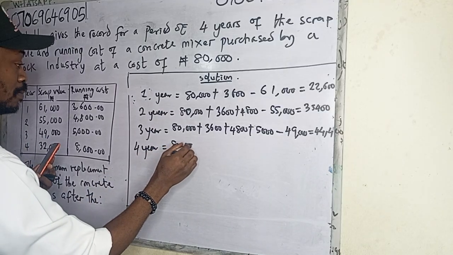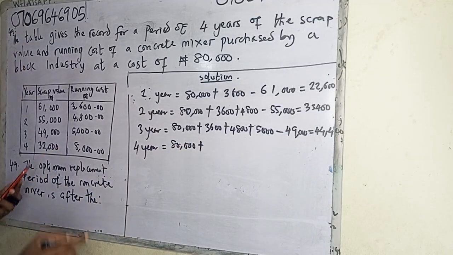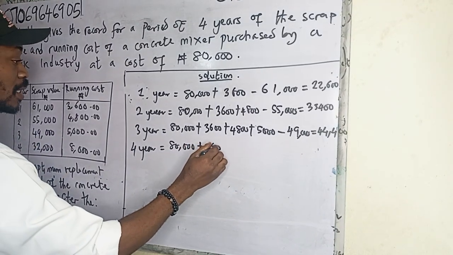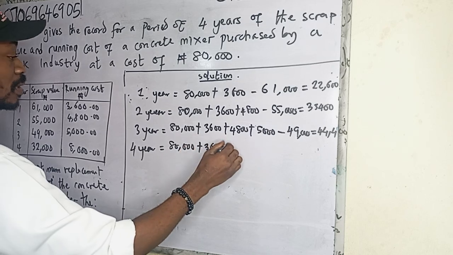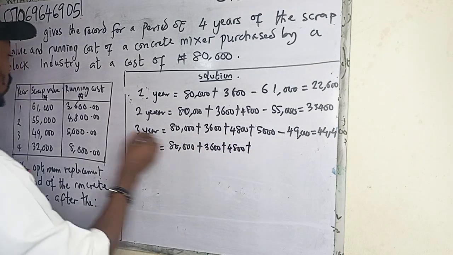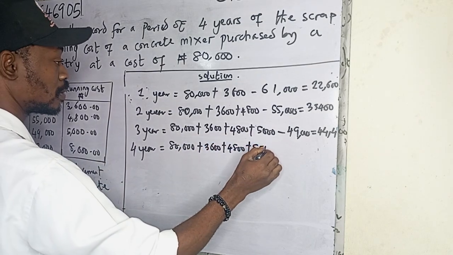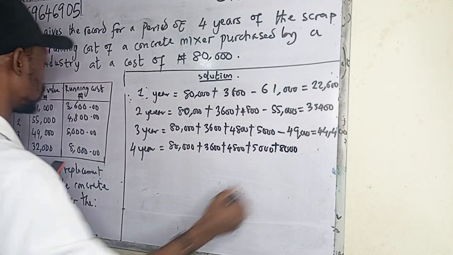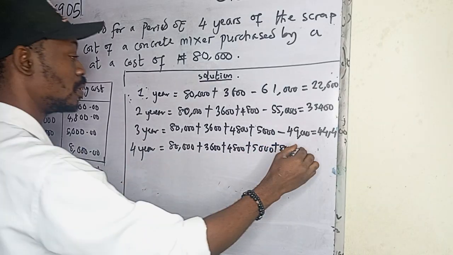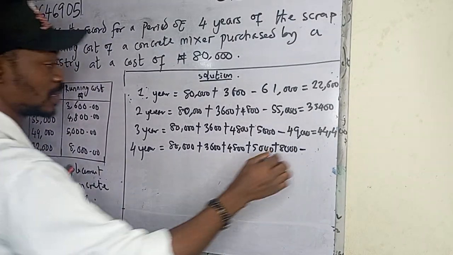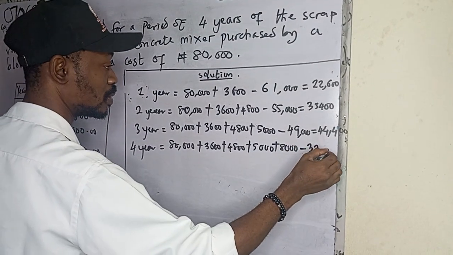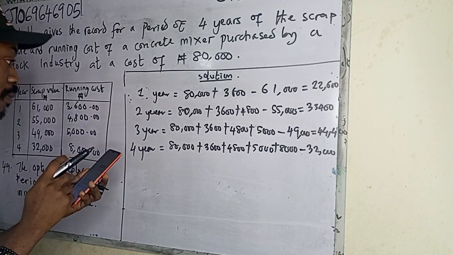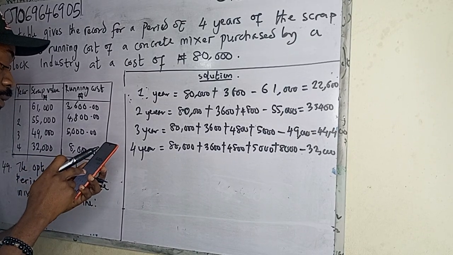And then the total cost for the fourth year is 80,000 again, being the initial cost, plus the cumulative running cost up to the fourth year. That means 3,600 plus 4,800 plus 5,000, then plus 8,000. Then we remove the scrap value for that year, which is 32,000.